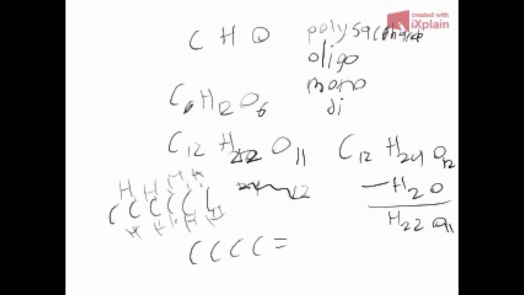Maybe they can form a double bond here, and we can pretend that there's hydrogen, hydrogen, hydrogen. You get the idea. Anyway, because of this double bond, there's a kink. That kink in the structure makes unsaturated fats liquid at room temperature.